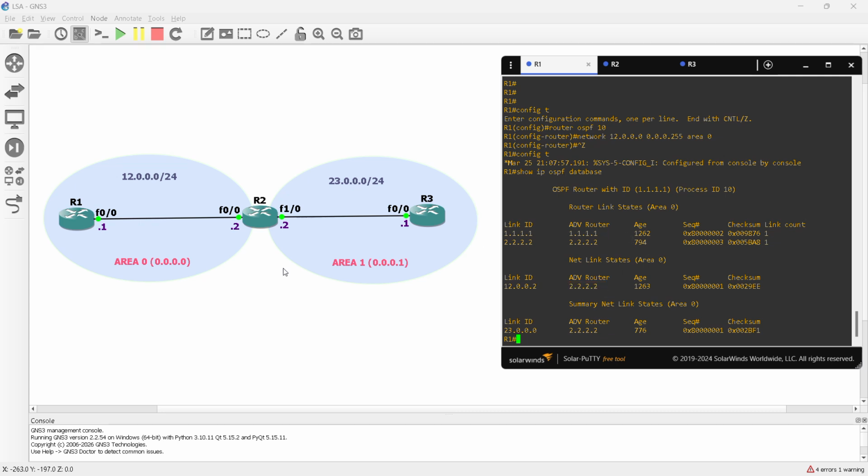Also, in this area 0 we will only have the information about R1 and R2, which we can see in this entry, router 1 and router 2. And similarly for R3, it has only information about R2 and R3, right?